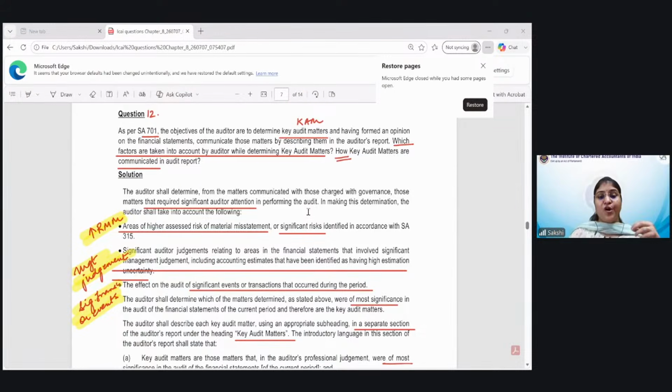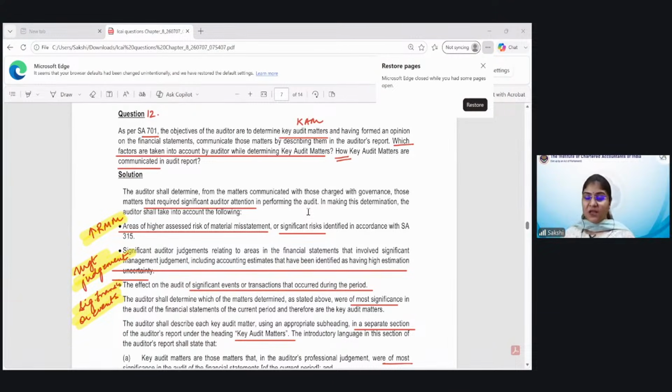The auditor shall determine, from the matters communicated to TCWG, those matters that require significant auditor's attention in performing the audit. In making this determination, the auditor shall take into account what makes these key audit matters different from the other matters communicated to TCWG.